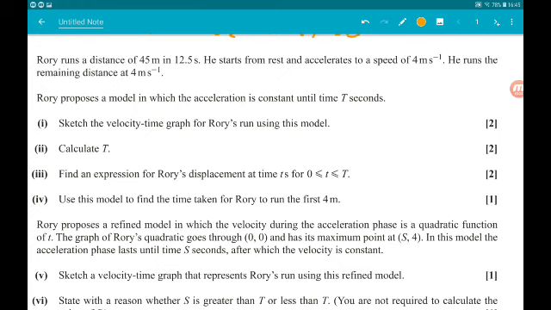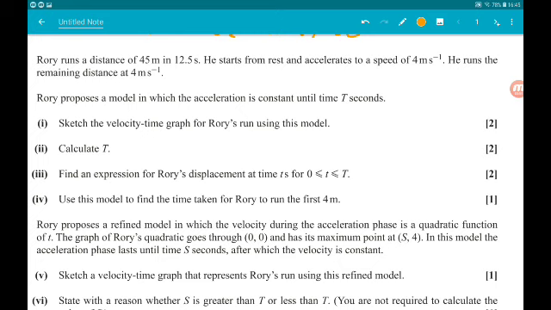He runs the remaining distance at 4 meters per second. Rory proposes a model in which the acceleration is constant until time t seconds. Part 1 wants us to sketch the velocity time graph for Rory's run using this model.